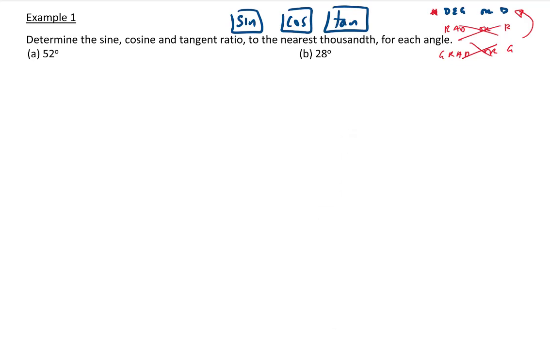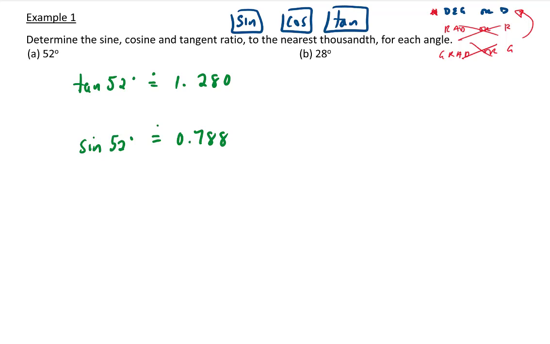If it's in degree mode, this is what should happen. If I type in the tan of 52 degrees, you should end up with 1.280 approximately. And we'll talk about what that means in a moment. If I type in sine of 52 degrees, so let's try that one, you should end up with 0.788.